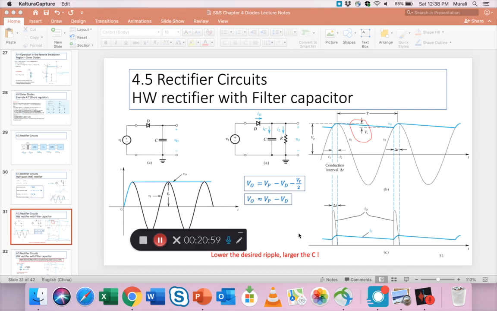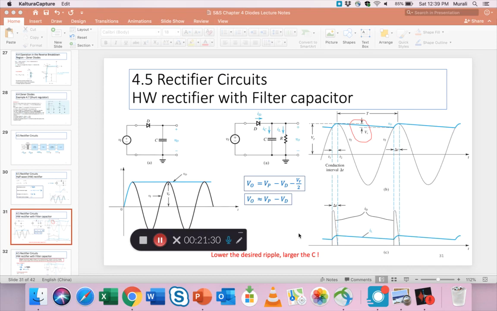So the conduction interval in this case, compared to the previous case where the diode would be on for a long time, the diode actually needs to be on for a very little time, because the capacitor takes on much of the work of actually delivering voltage to the load. So the conduction interval, or the on time of the diode, becomes much smaller, and you see how it pulses.